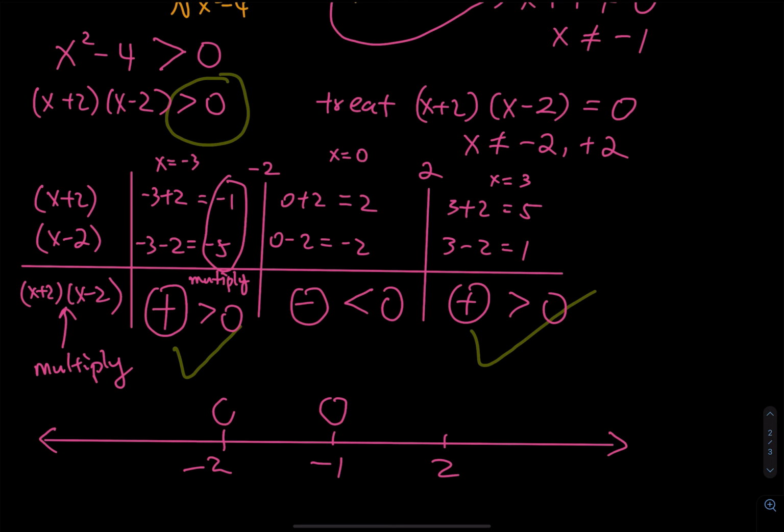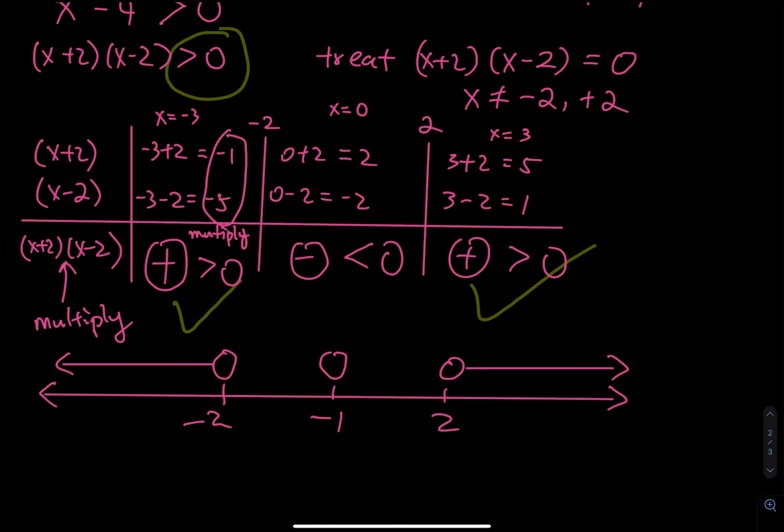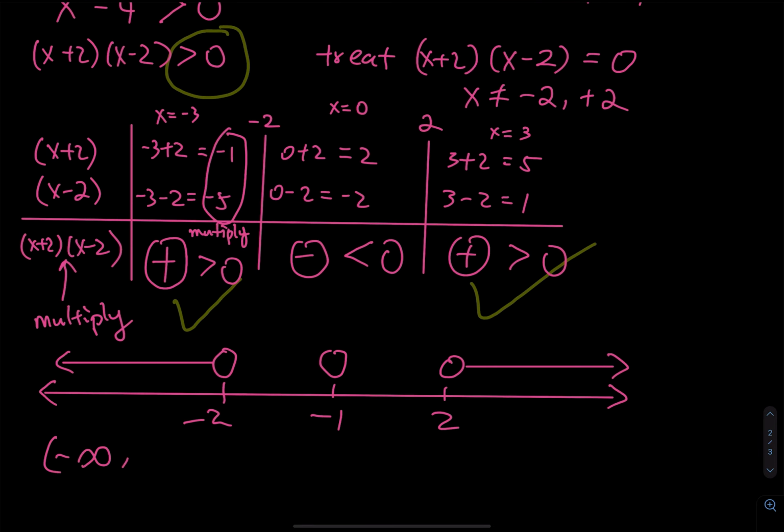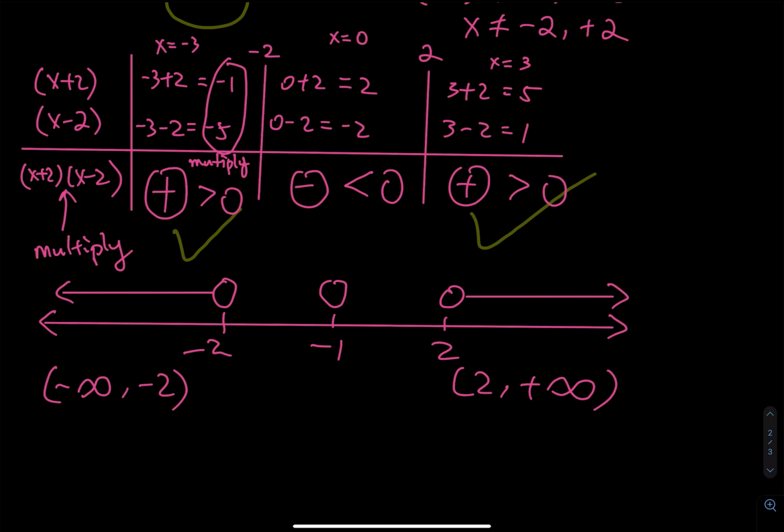And then we want to take less than negative 2, and then we want to take greater than 2. So that is from negative infinity to negative 2, and then from 2 to positive infinity. I said x cannot be equal to negative 1, which is fine, because when you take these two intervals as the domain, there is no negative 1. So that is x less than negative 2, x greater than positive 2. So that is your domain.